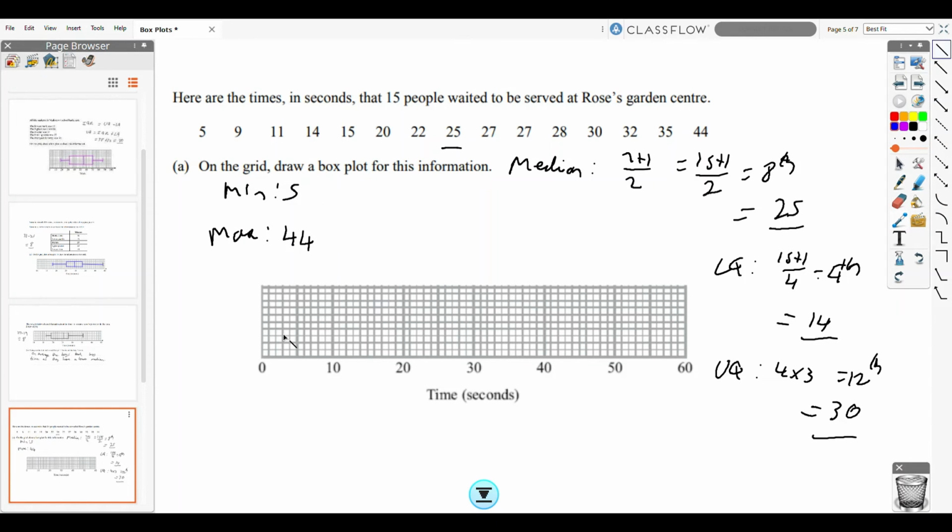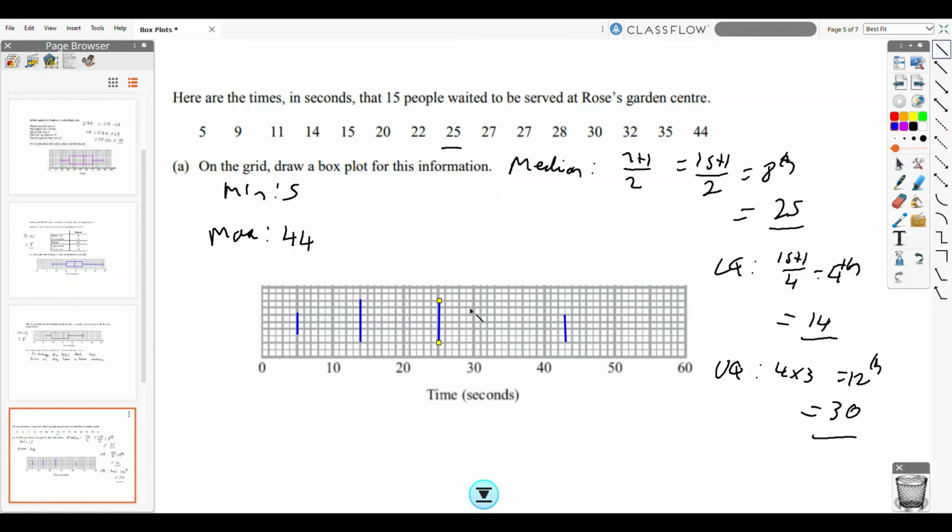So lowest value is at 5. This time we're going 1 box for every value. And our highest value is at 44. Our lower quartile is now at 14. Our median is at 25.